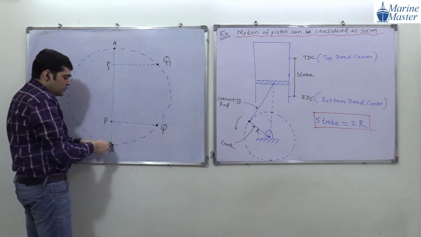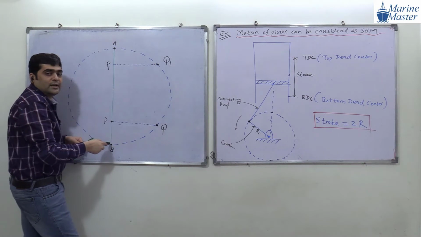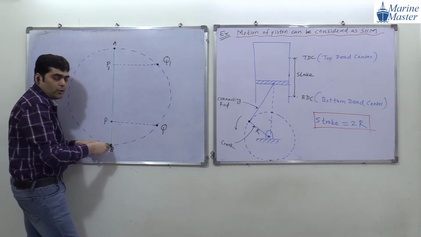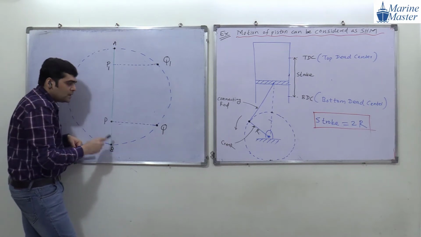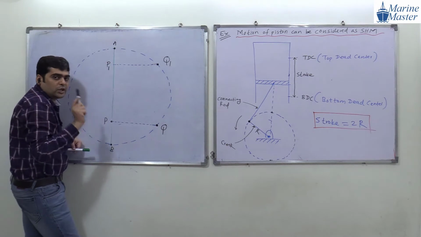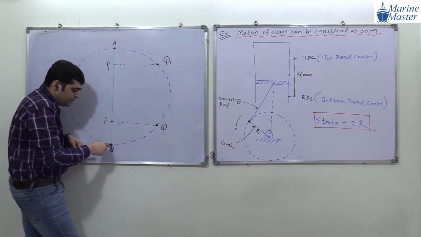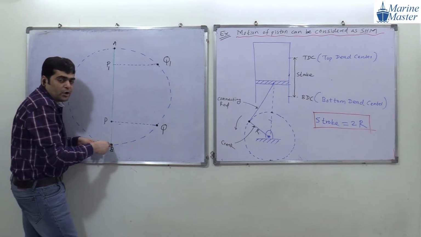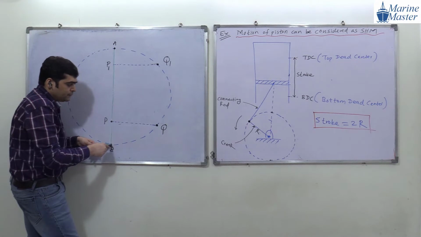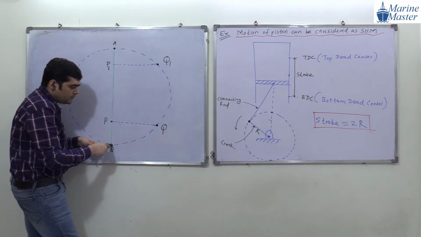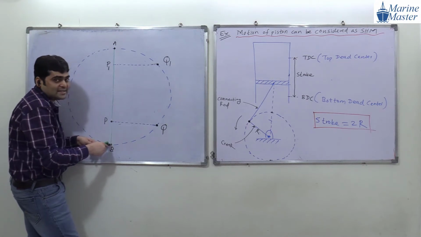Suppose Q starts from point B. Then at this location, point P will also be at the same point. Means at B, the bottommost point, point Q and point P are the same.